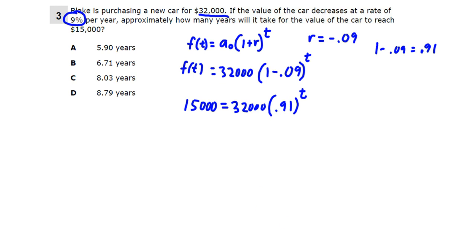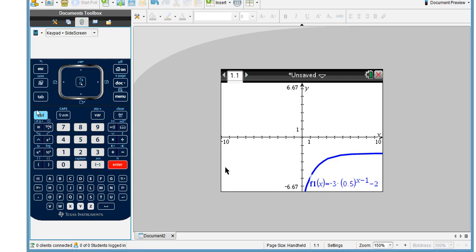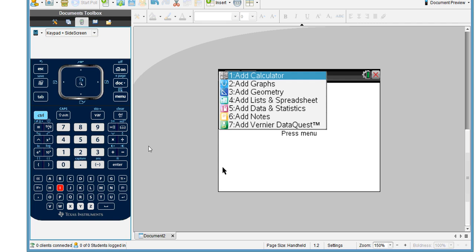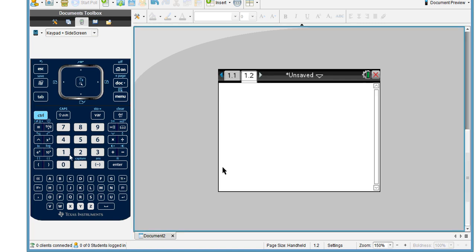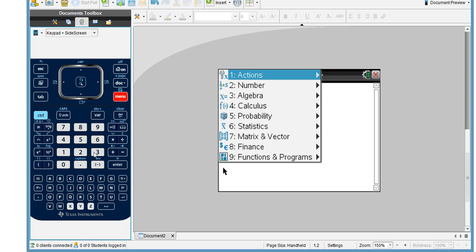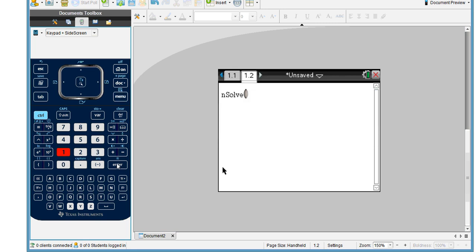And I'm going to go to the calculator, Control I. We want 15,000. I'm going to put menu 3-1, 15,000, which is our final value of the car, equals 32,000 times 0.91 to the power of t.